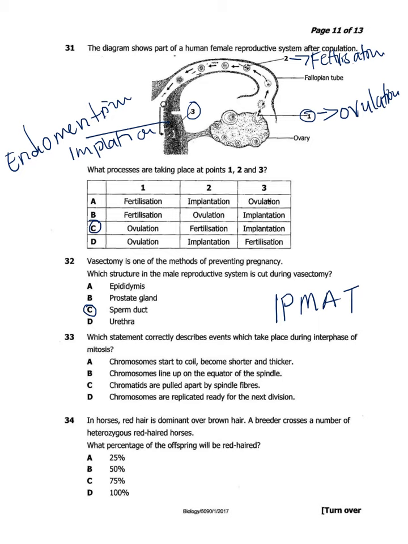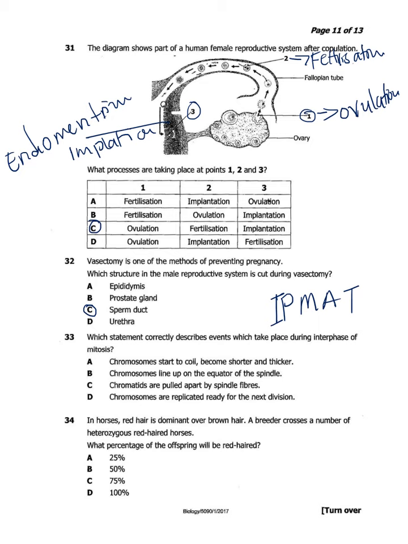So EPMAT, the I for interphase, P prophase, M metaphase, A anaphase, T telophase. So the first stage of mitosis is the interphase. Now the interphase is the first stage where the cell gets all the nutrients that it needs for it to start undergoing cell division.